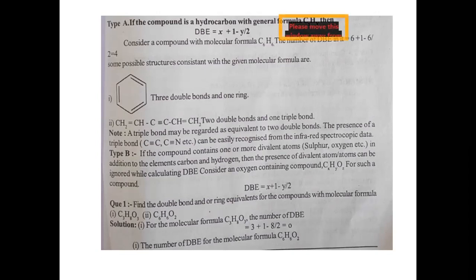No one is able to calculate. Okay. 4. Okay. Very good. This is 6 plus 1, 7 minus 6 upon 2, 3. Okay. So 7 minus 3 is equal to 4.